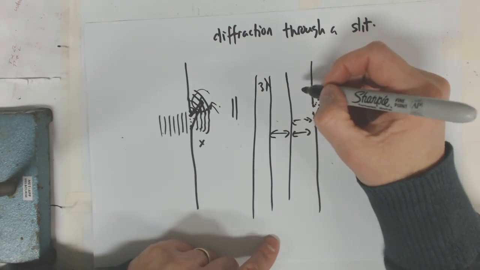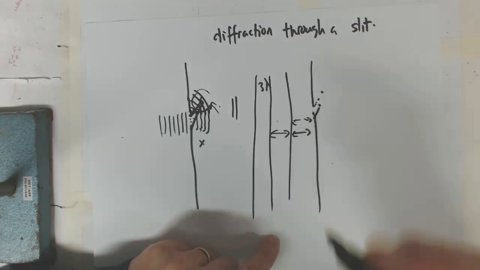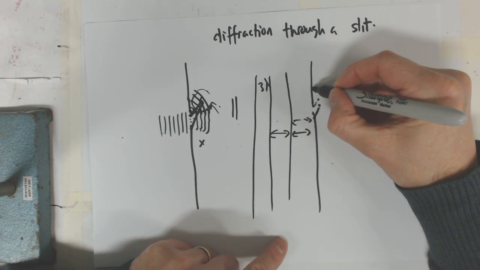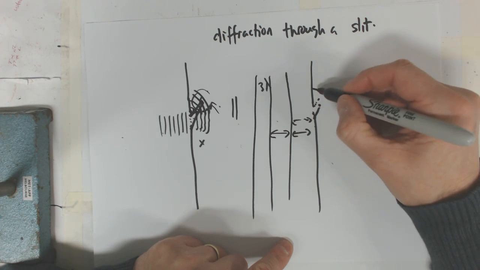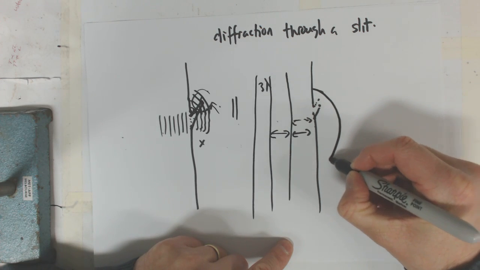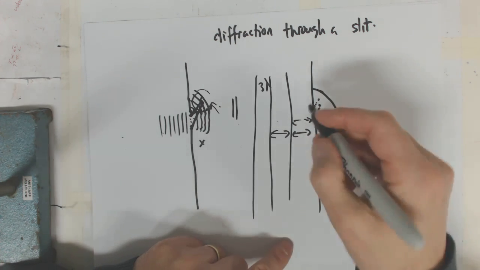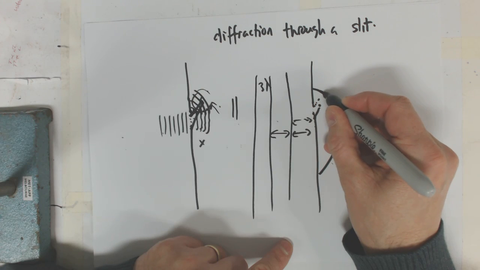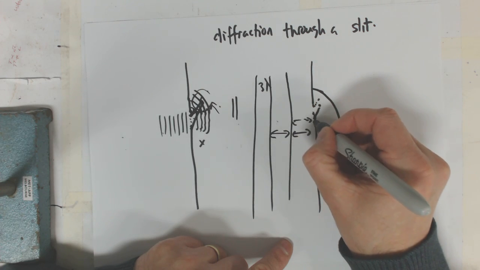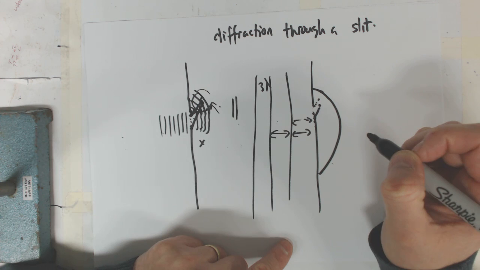The point being that this one has already got out to there without being really interfered with, because the distance it could travel by the time this wave got here was quite high.